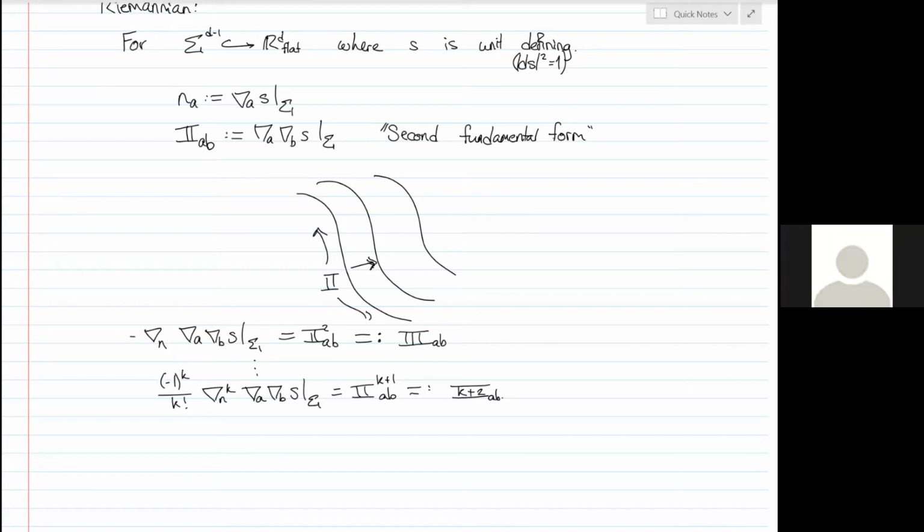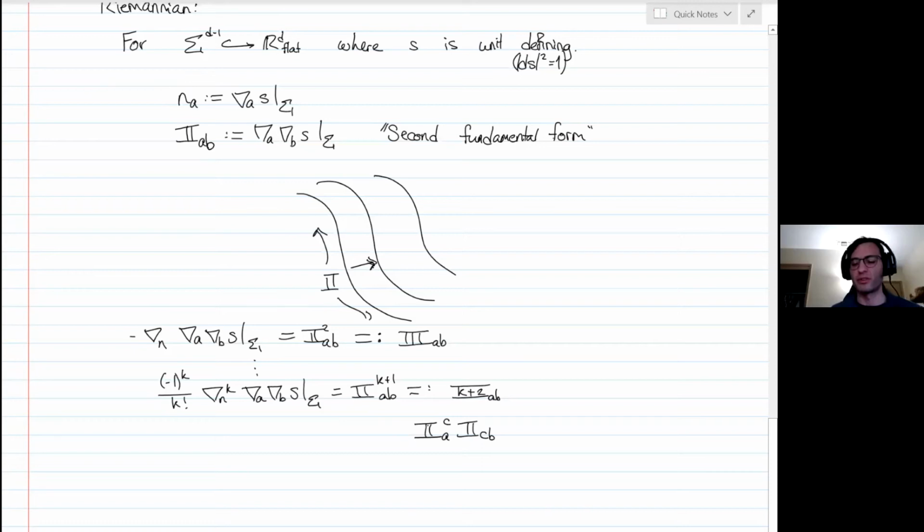Can I ask questions as you go along? I mean, sure. Do you mind? By all means. How do you take the square of pi AB? Oh, so all I mean is matrix multiplication. So this would be pi AC, pi CB. So you don't have a 4-index object. No. So what I mean is we're doing matrix multiplication.